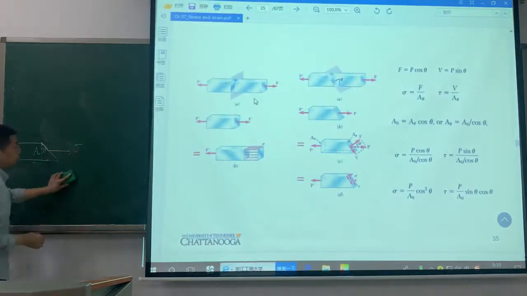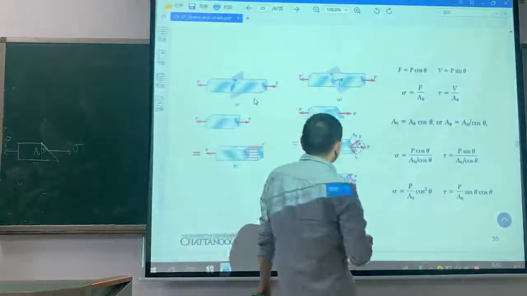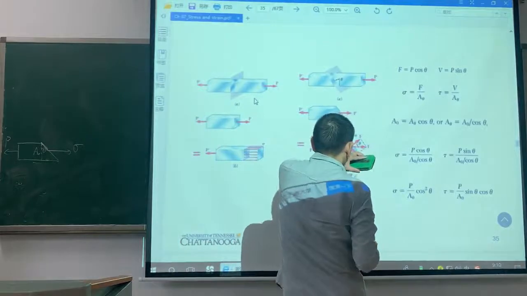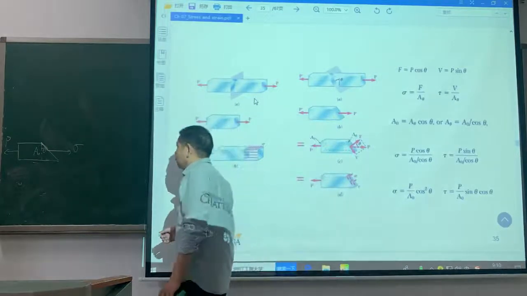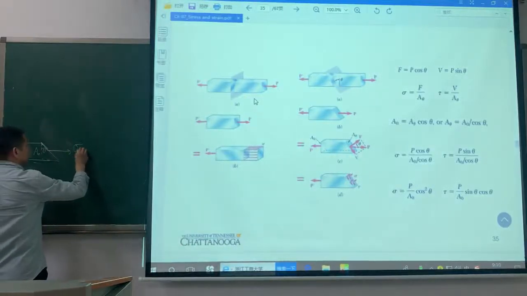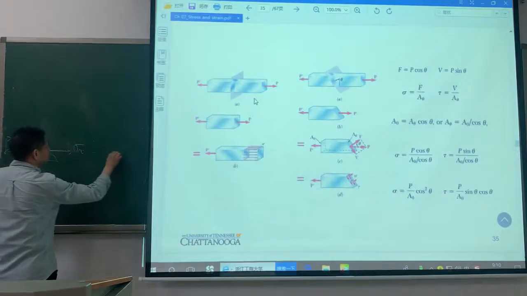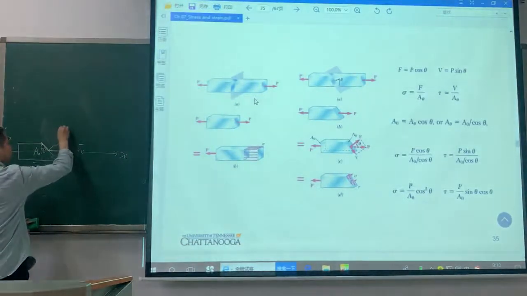Now the direction. Suppose sigma is in the x direction.